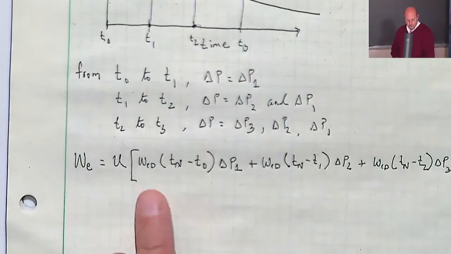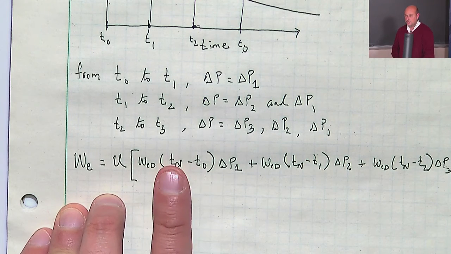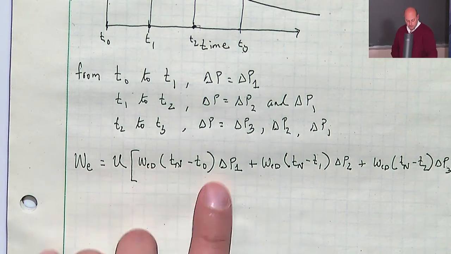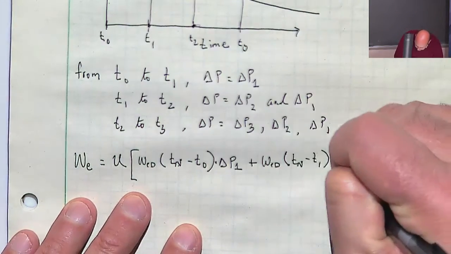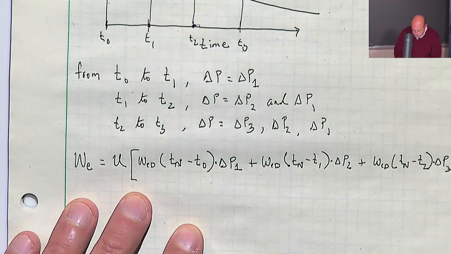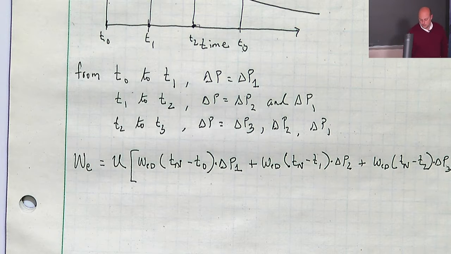So this says WED is a function of this change in time, that is multiplied, maybe I'll put a little dot there for multiplication, times the pressure drop. Pressure drops delta P1, delta P2, delta P3, etc.